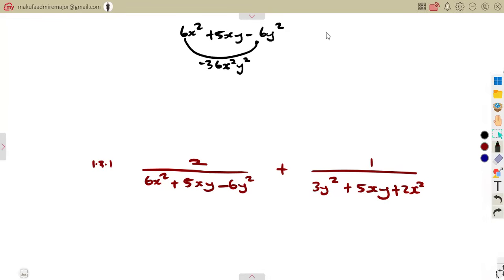Think of the numbers 9 and 4, because there's a possibility of a 5 there. But to obtain a positive 5, it means this 4 must be a negative. Remember, we need negative 36, so this 4 must be a negative.